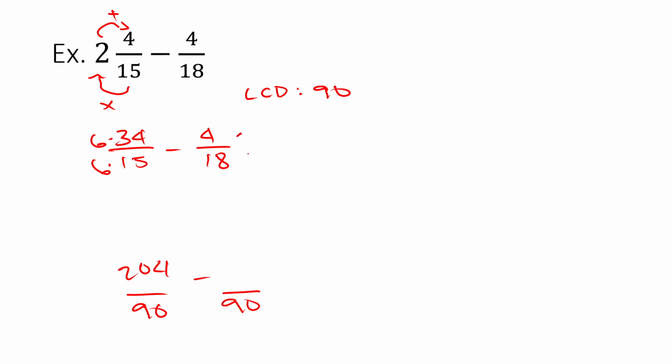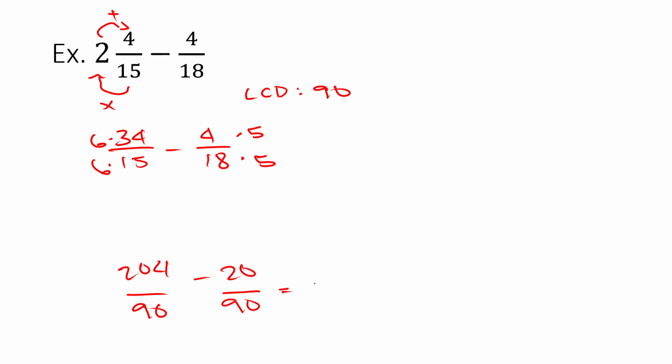Now let's move on to 4 over 18. Here we need to multiply 18 by 5, so we also multiply 4 by 5. So now what we have is 204 over 90 minus 20 over 90.